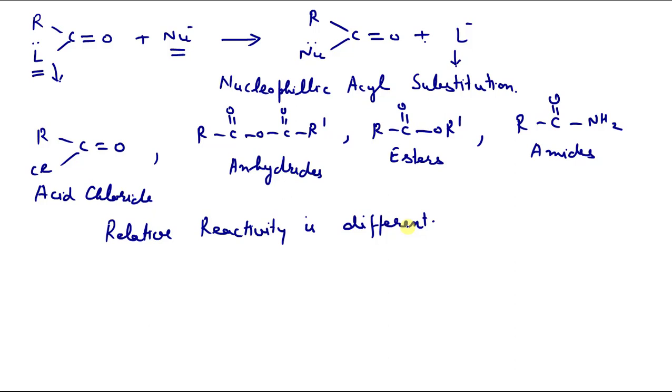That is our topic. Please keep in mind we are discussing nucleophilic acyl substitution reaction. We will see which of these four is more reactive and which is less reactive towards it.